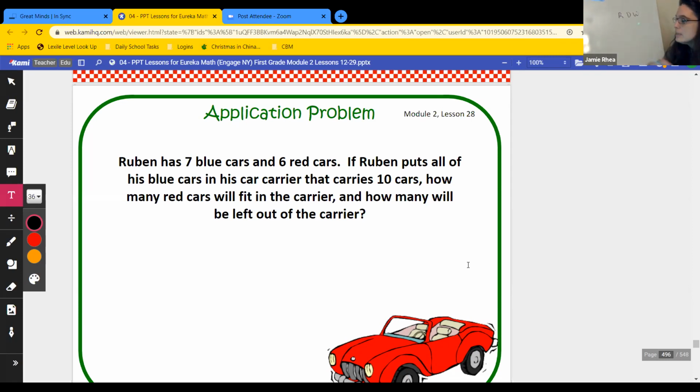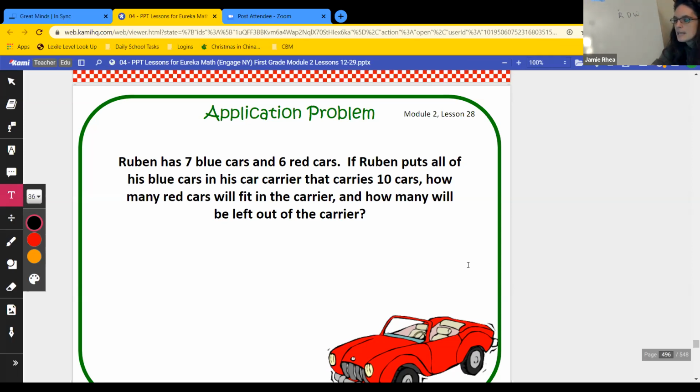So let's read first. Ruben has 7 blue cars and 6 red cars. If Ruben puts all of his blue cars in his car carrier that carries 10 cars, how many red cars will fit in the carrier and how many will be left out of the carrier?